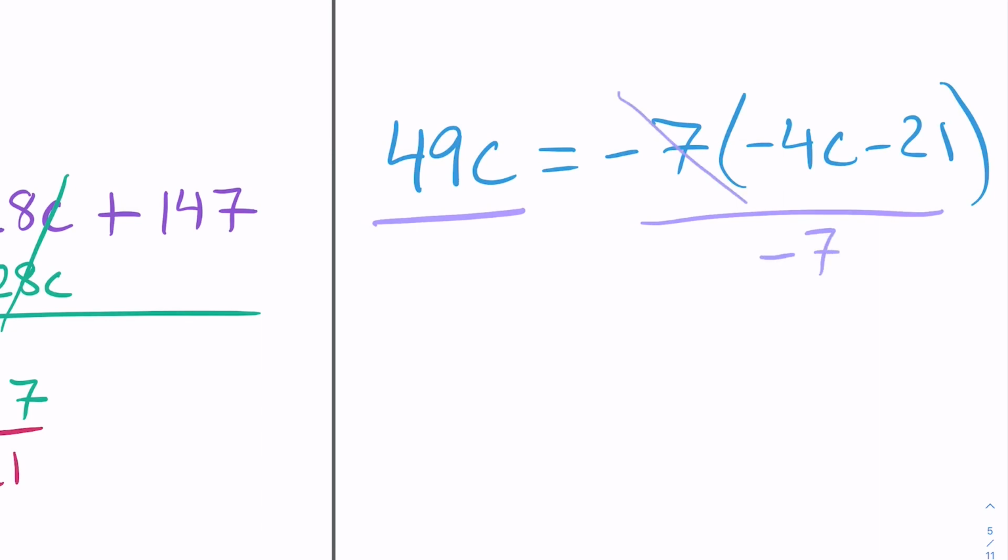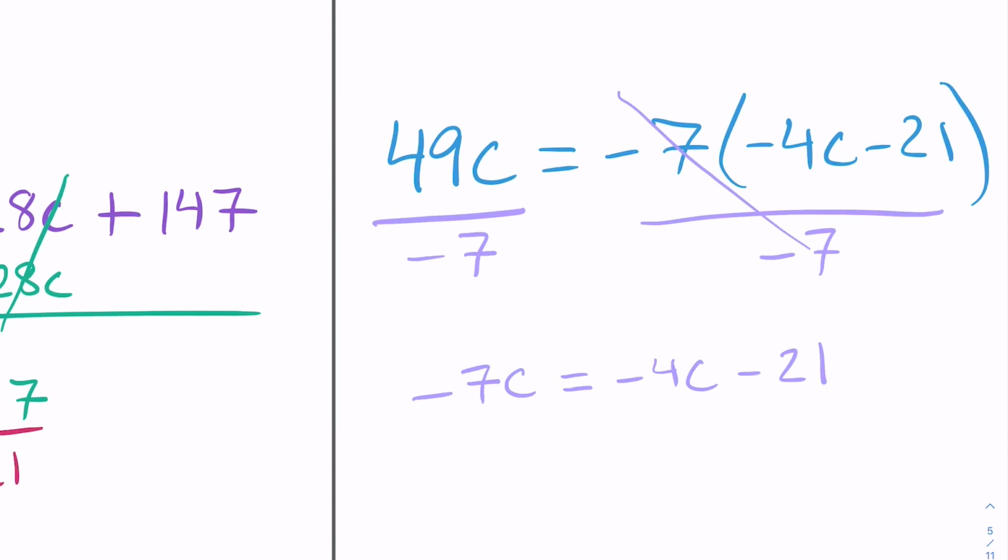Because this is multiplication and 49 is divisible by 7, we would have ended up with -7c equals -4c minus 21. And that saves us a little bit of work from distributing.